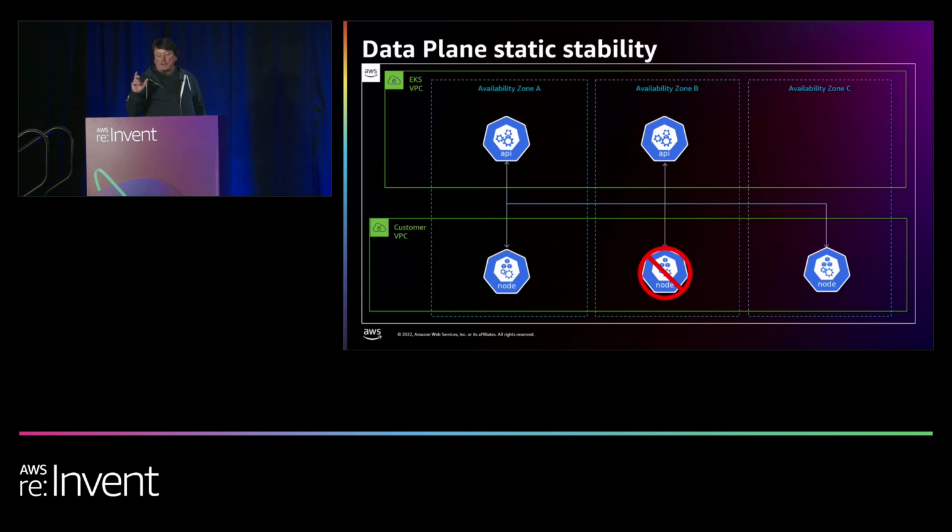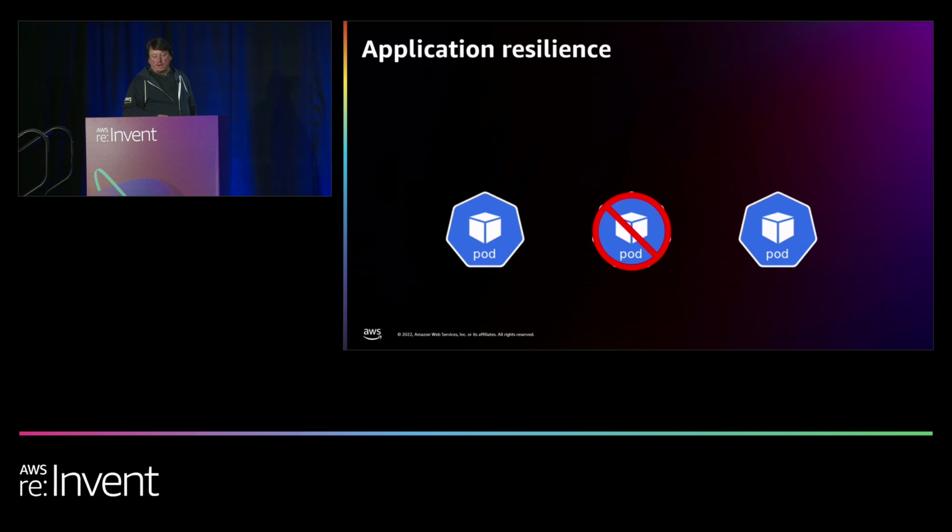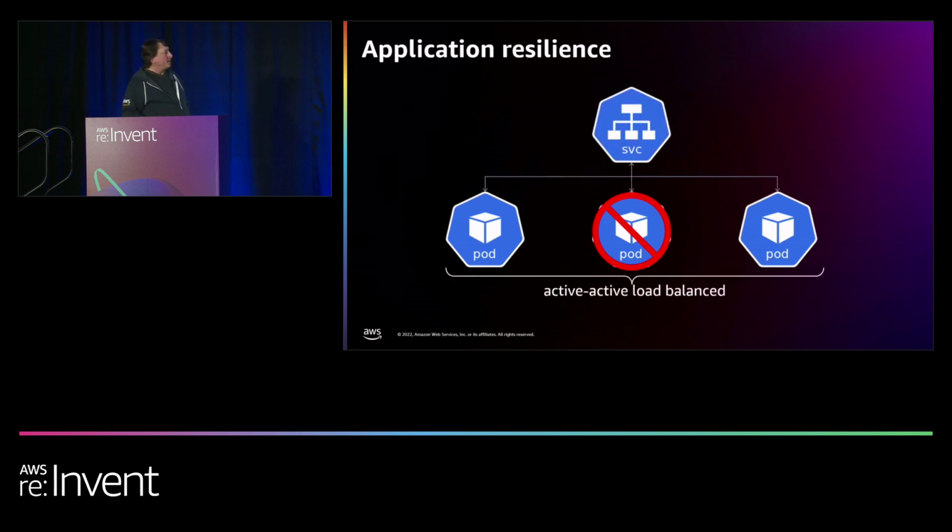If all the pods that are running on this node all of a sudden fail, what's that going to mean to your application? Well, ideally, what we want to do is use Kubernetes itself to give us the right constructs to provide that active-active load balance configuration, which we would think of as being a statically stable design.